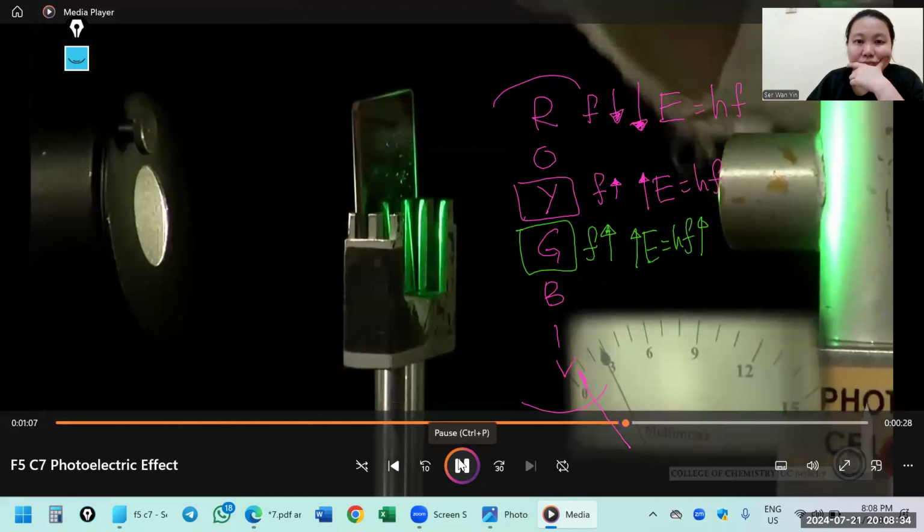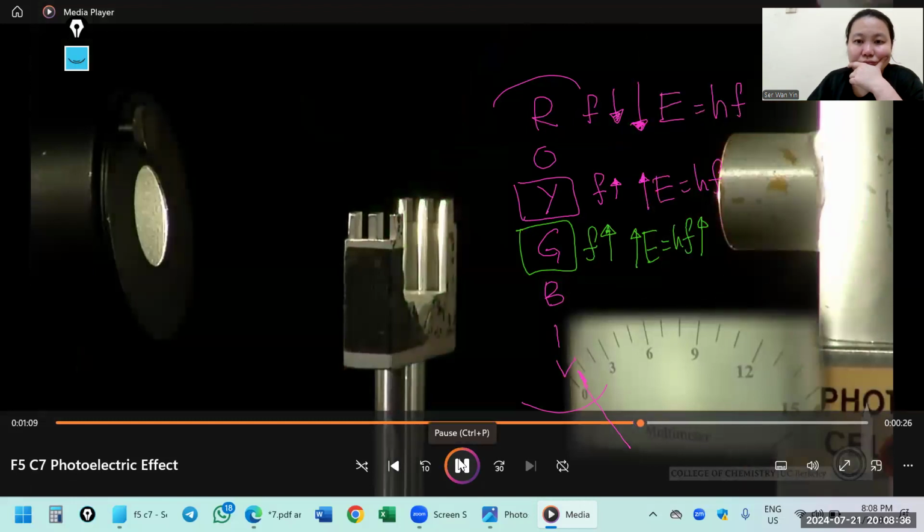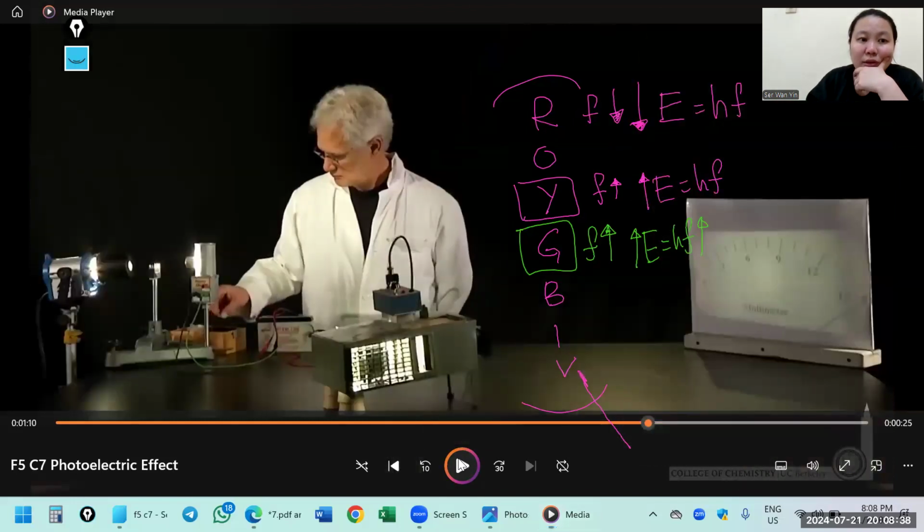Now we can still go to higher energy photons. Blue photons. So now comes to the blue. Blue actually has higher frequency than green and yellow, so the photon energy would be higher.